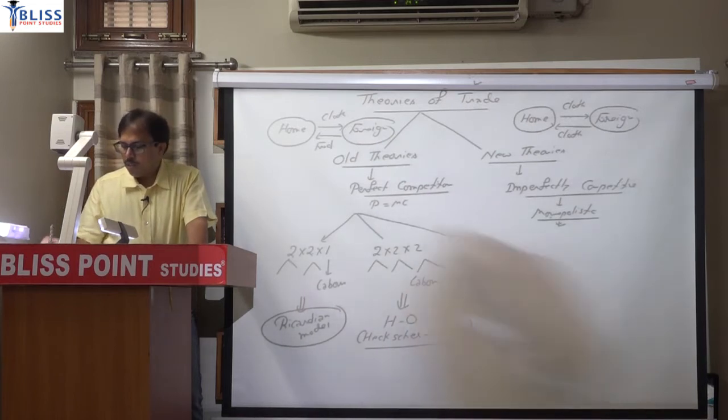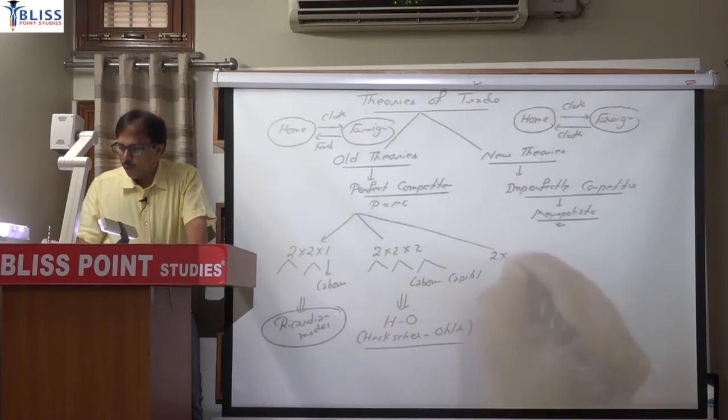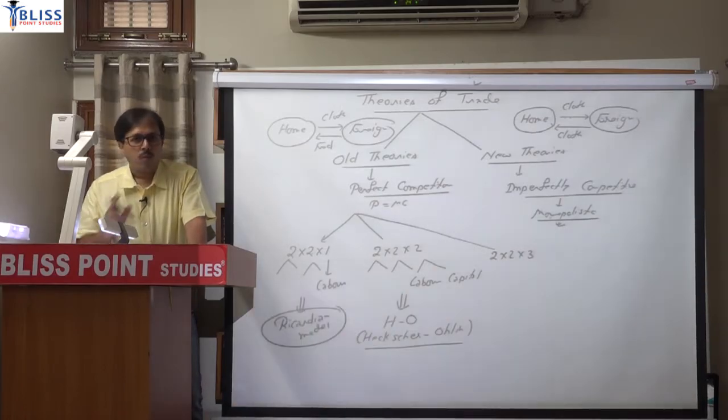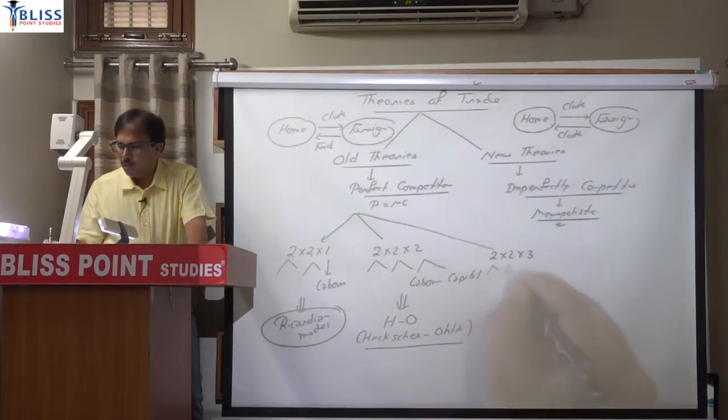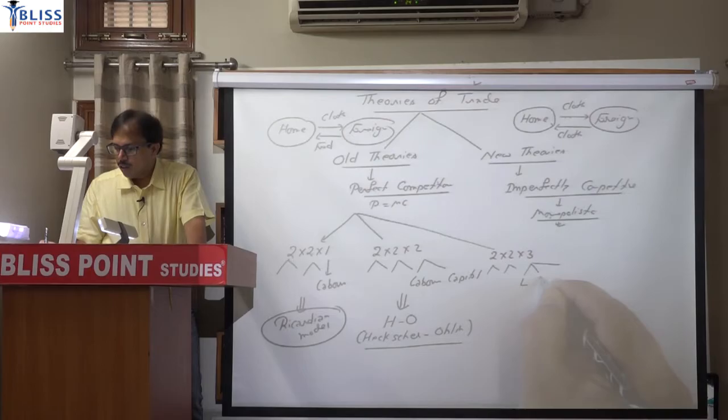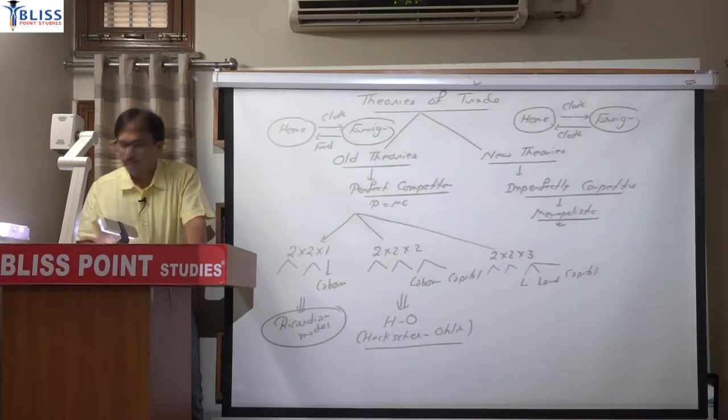So when we cover the HO model, the third part in this old theory will be 2 by 2 by 3. Okay, understand it in this same order. Initially one factor of production, then two factors of production, then three factors of production. Trade between two countries producing two goods by using three factors of production, say labor, land and capital.